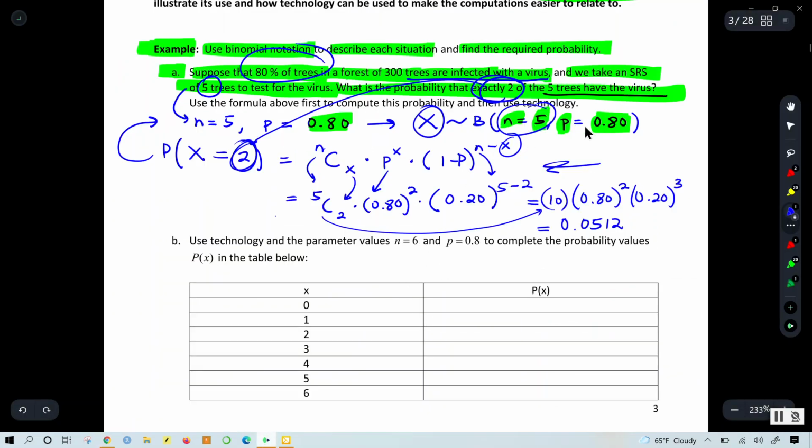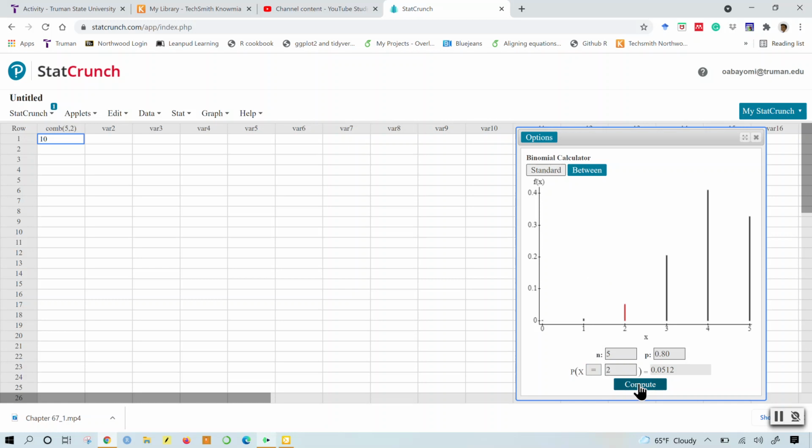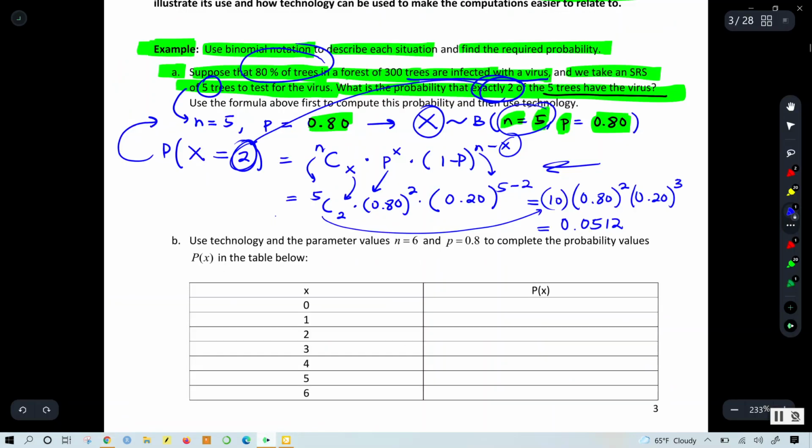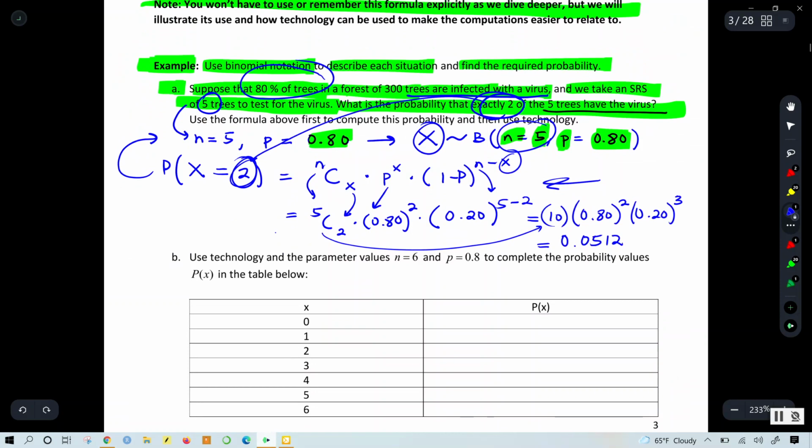N is 5 and P is 0.8, and I want the probability of x equals 2. I choose equals 2 and hit compute. The probability mass at the point x equal to 2 is 0.0512. So you see that both the calculator in StatCrunch and the formula give exactly the same value.